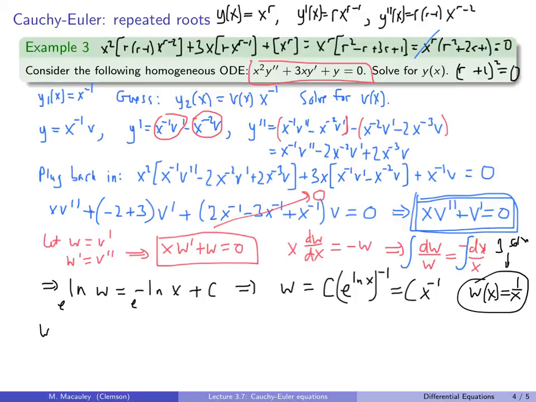So if w of x is x to the minus 1, or 1 over x, then that means that v of x, this guy, is the integral of w of x. That's going to be the natural log of x. And again, I do not need a constant c in there.